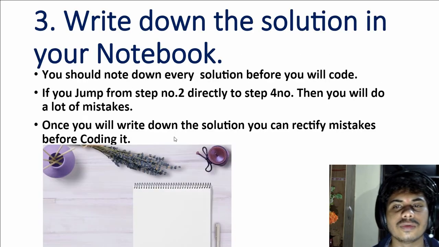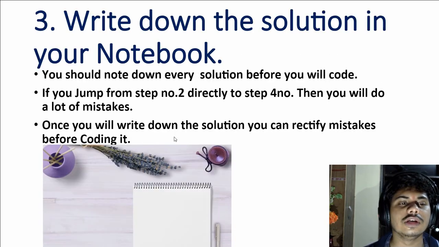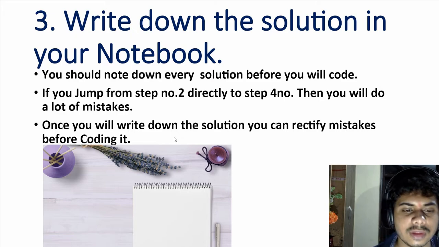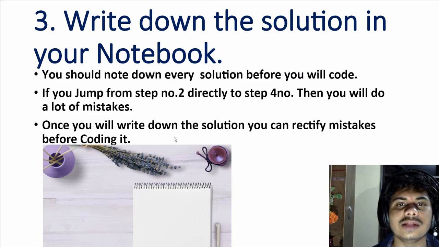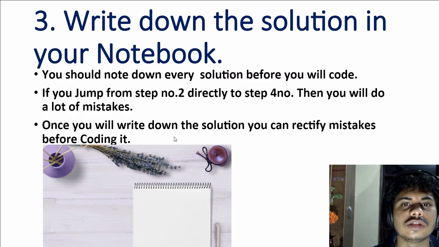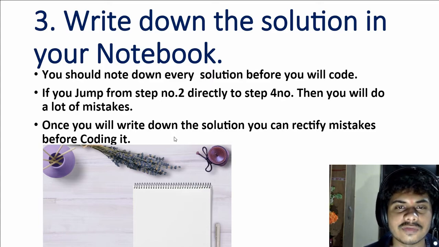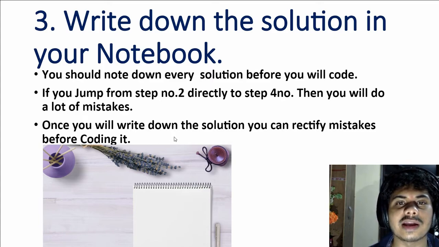Write down the solution in your notebook. You should write down the solution to every coding problem you have. If you write the solution, it will enhance your skills and the concept will be clearer to you. And after writing the solution, you can rectify mistakes at that time.